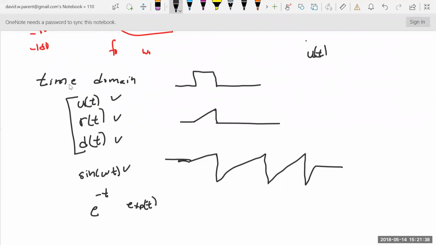The integral of a constant is linear. The integral of a ramp is what? t squared divided by 2. And the integral of the delta function, we used that more for sampling, like what is the value at that moment in time, right?